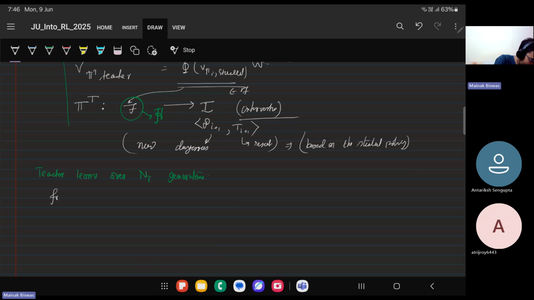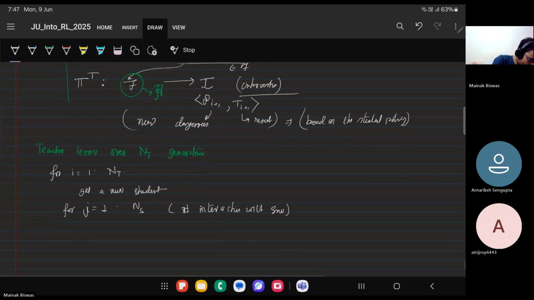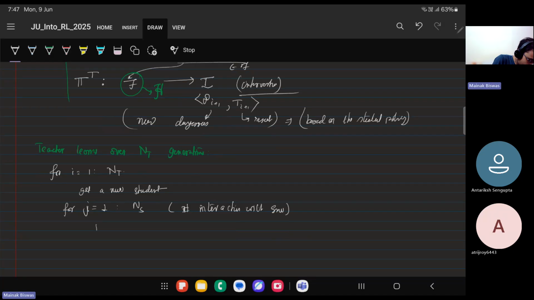So use a for i equal to 1 to nt, get a new student. Then for the student, have another nt loop, number of interactions with environment, do Q learning.